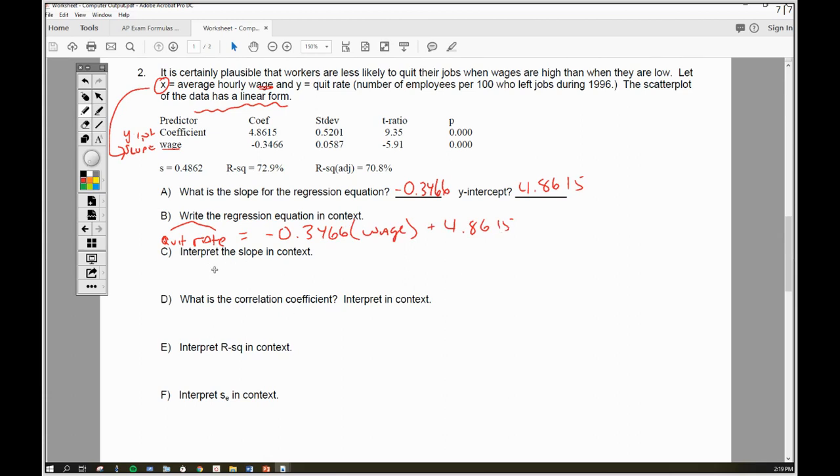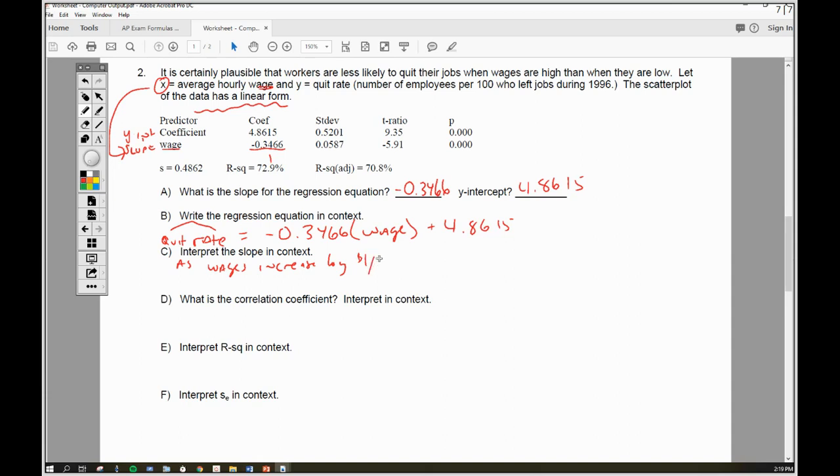Interpret the slope in context. Again, when we think of this as a fraction over 1, as x goes up by 1, y goes up by this much, and it's actually going down, right? So as wages increase by 1, what do you think? It's average hourly wage, so dollar per hour.